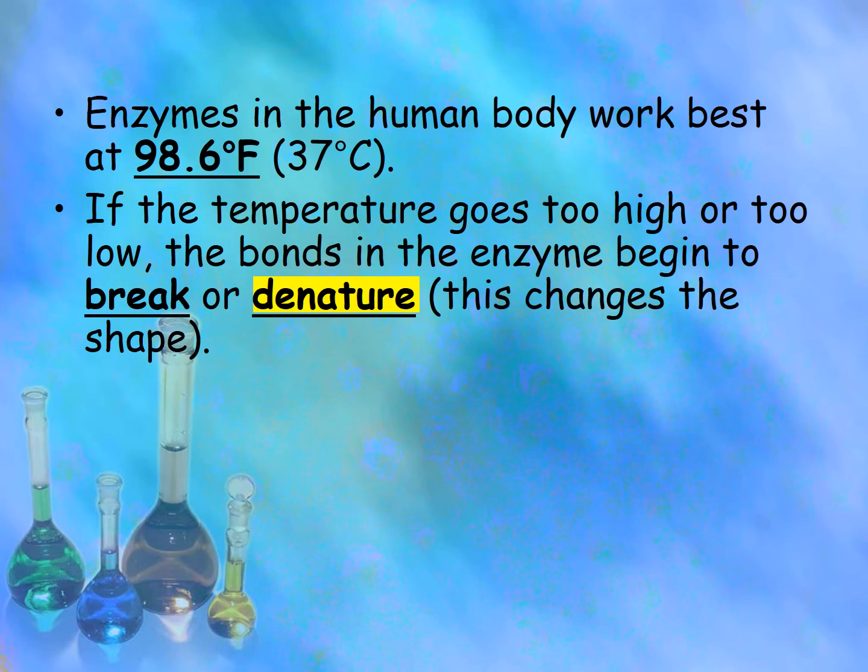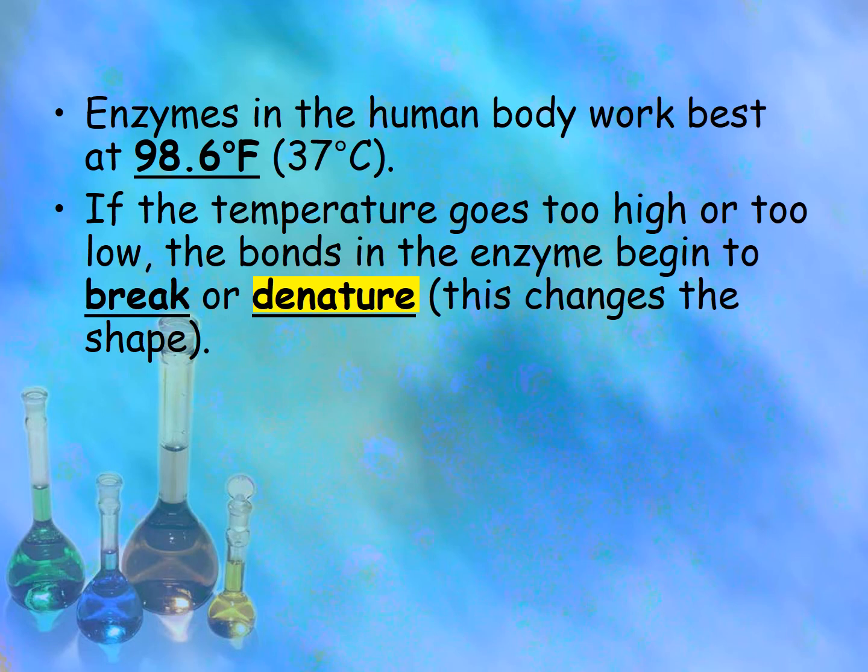Enzymes in the human body will work the best at 98.6 degrees Fahrenheit or 37 degrees Celsius. When you get a fever, the doctors get worried when it gets too high, like 104, 105, because then your enzymes in your body stop working the way that they're supposed to. They start to fall apart. They lose their shapes. And that's a problem.